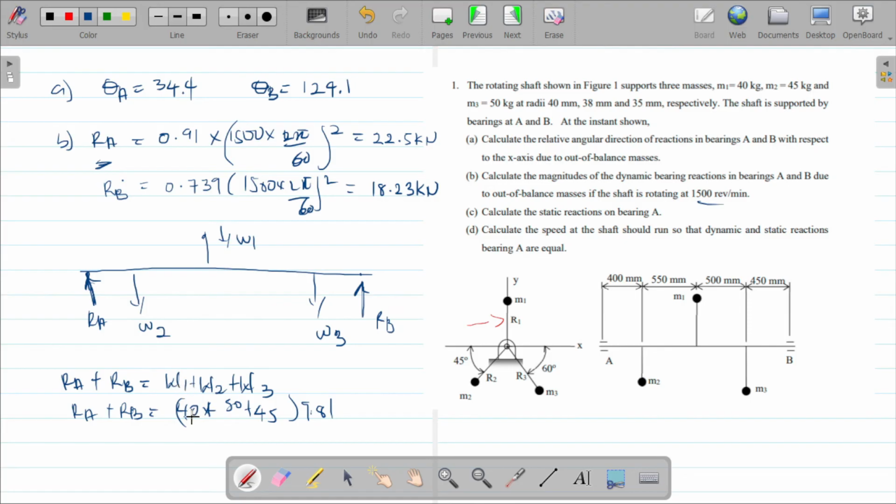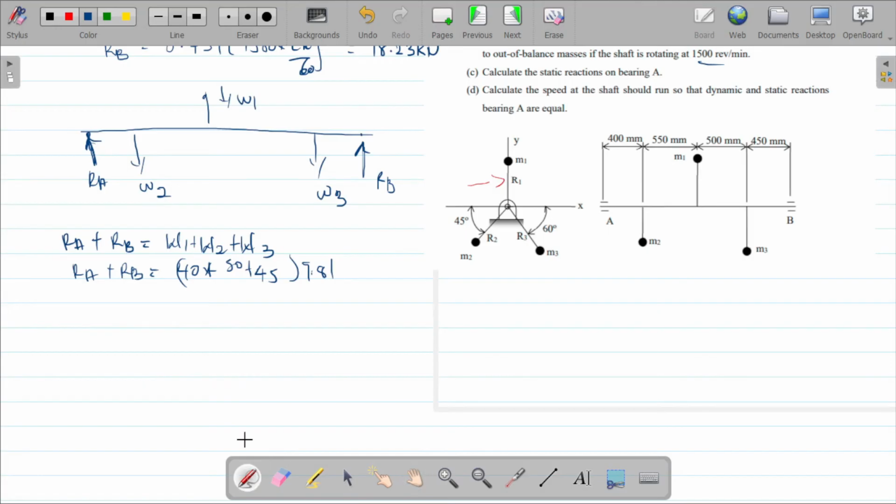You can find them one by one: 40 times 9.81 plus 50 times 9.81 plus 45 times 9.81. So we have RA plus RB to be equal to 1324.35.